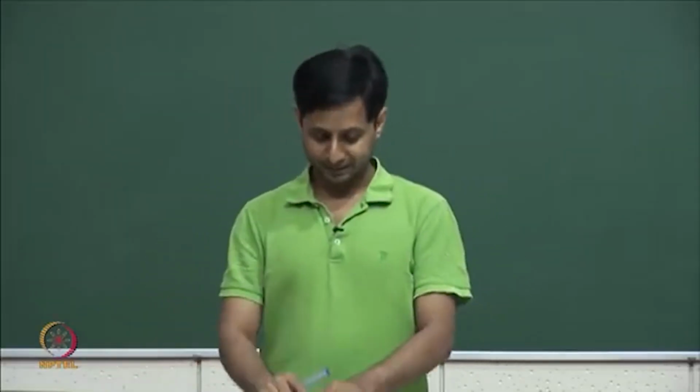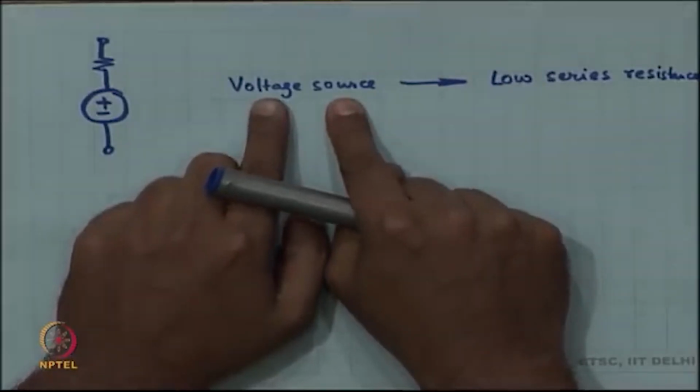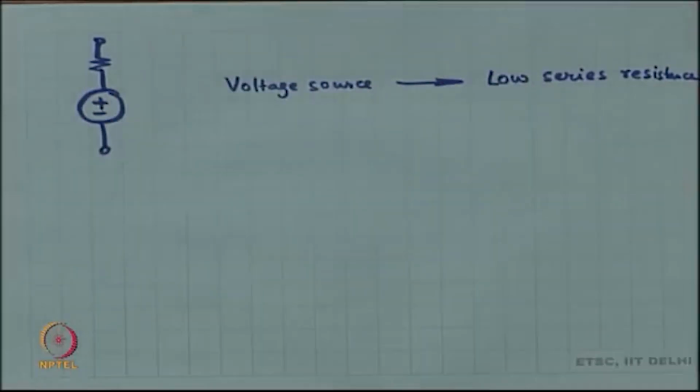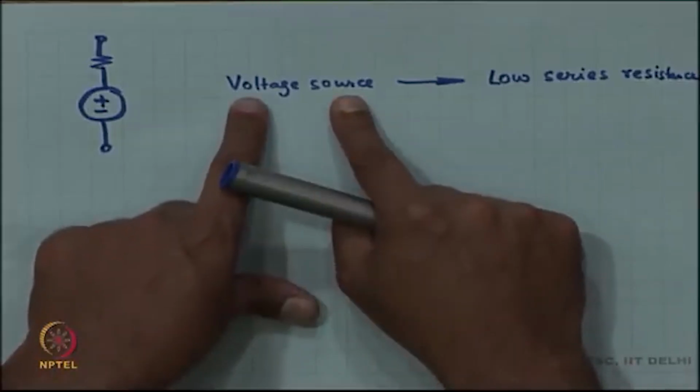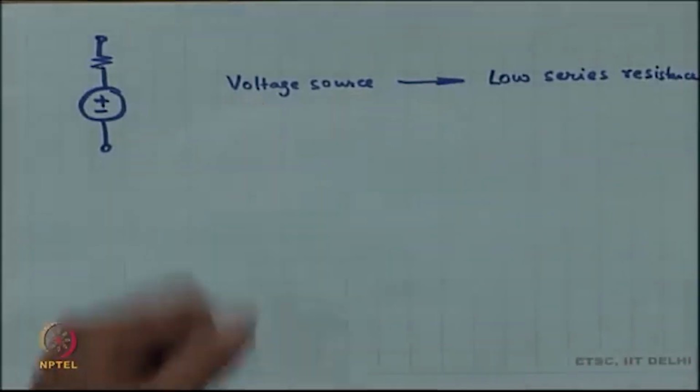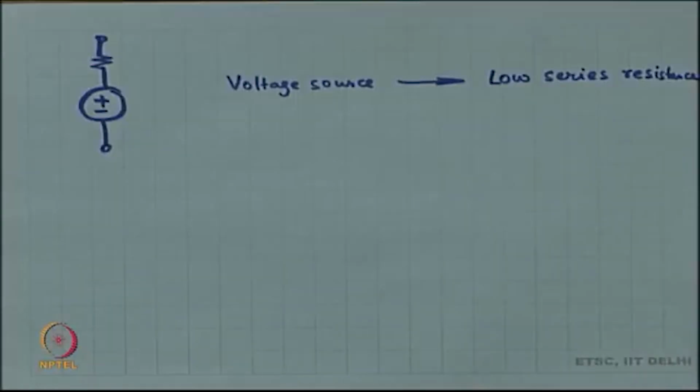So, what I have to say is as follows: if I want to make a voltage source, I need a low series resistance, or in other words, if I make a circuit that has a low output impedance, then it behaves like a voltage source. So, the backwards thing is also applicable.